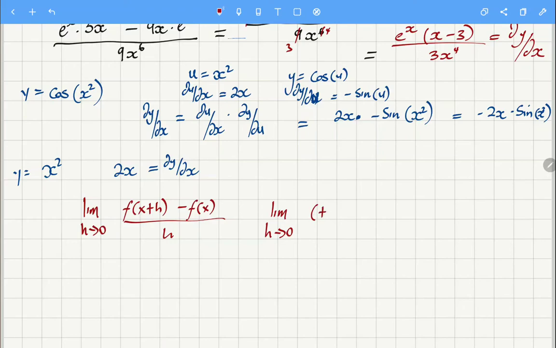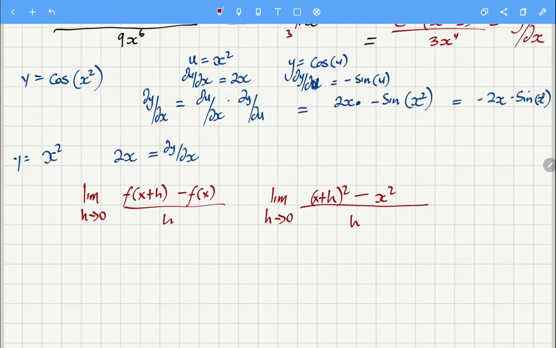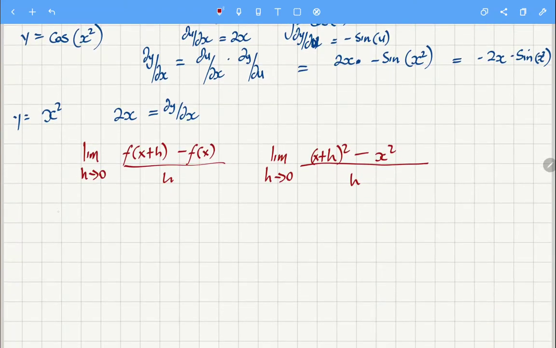Okay, and so substituting a value, so that would be the limit as h approaches 0 of x plus h squared minus x squared, over h. Okay, then what I'm going to do is I'm just going to expand that. So that will be the limit as h approaches 0 of x squared plus 2xh plus h squared minus x squared, all over h.